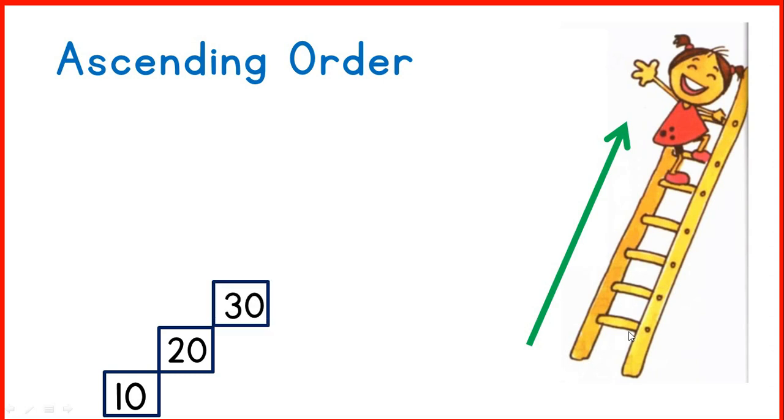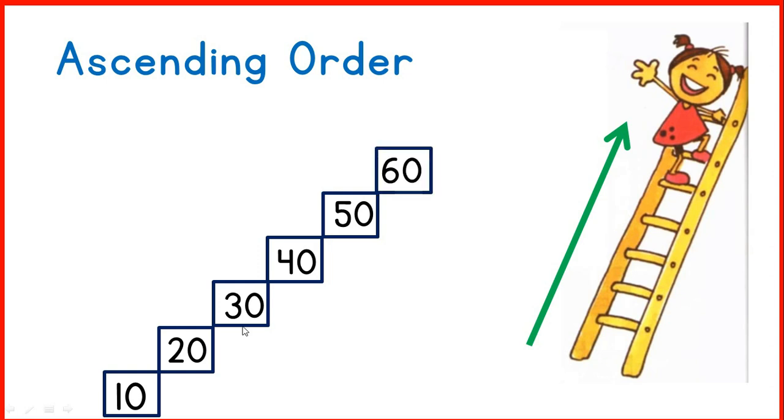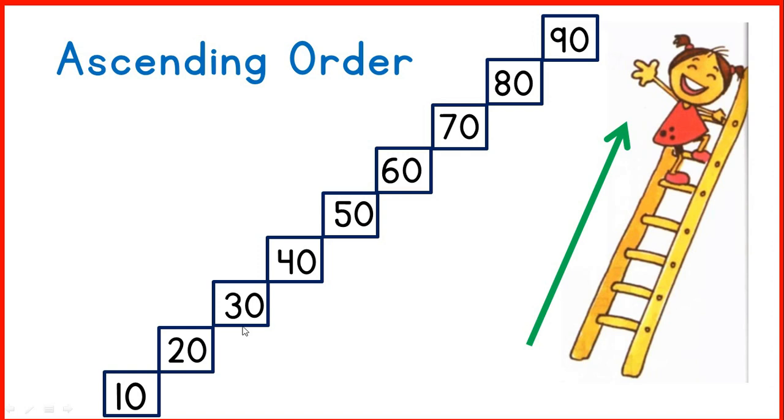After 20 what comes? 30. क्योंकि हम ascending order tens की सीख रहे हैं. Okay? 10, 20, 30. Then after 30 what comes? 40. Yes. After 40, 50. After 50, 60. Then 70. Then 80. Then 90. Yes. This is called ascending order of tens.